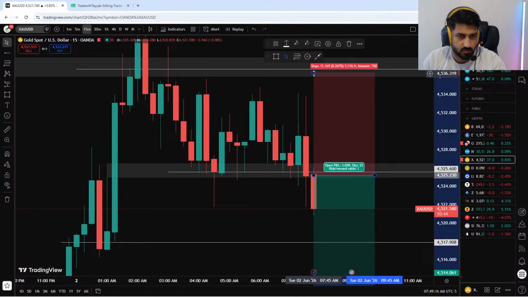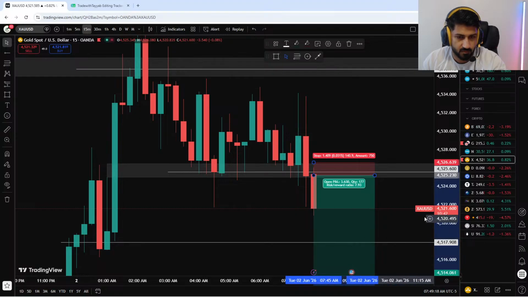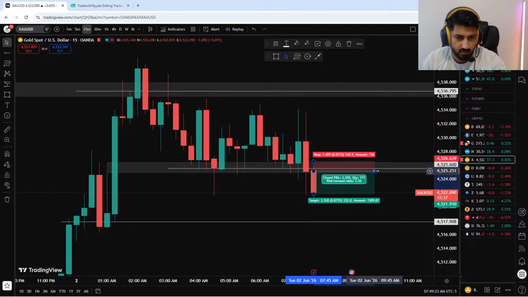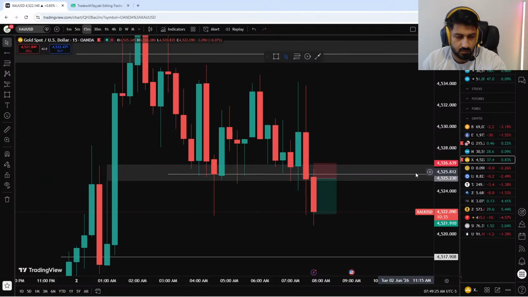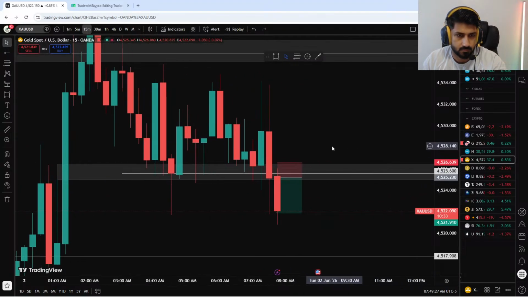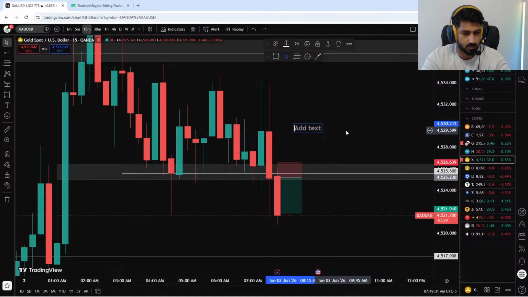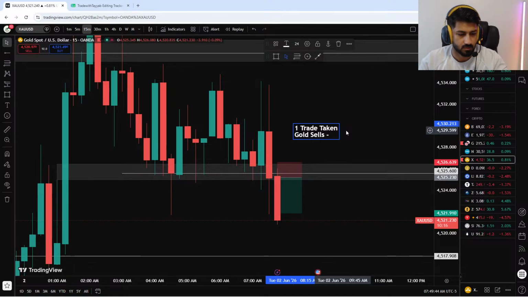Shorts were executed right here with a stop above and closed right here. One trade taken, gold sells, 20 pips.